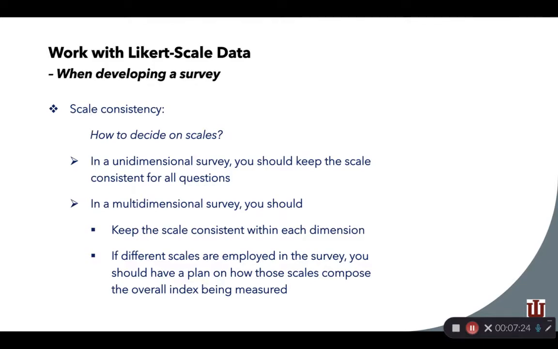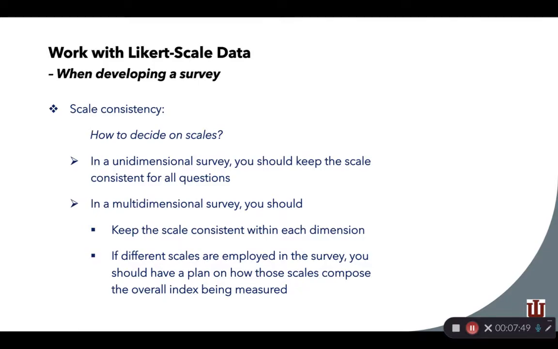And if you're using different scales in your survey, then you should have a plan for how those scales compose the overall index being measured. For example, if you're assessing students' overall academic performance, then the performance may be assessed from multiple aspects or multiple dimensions.